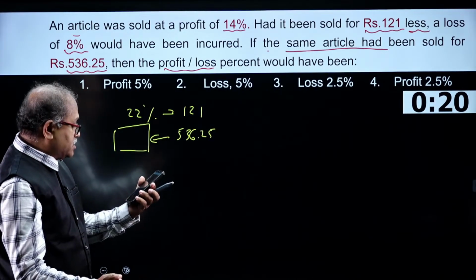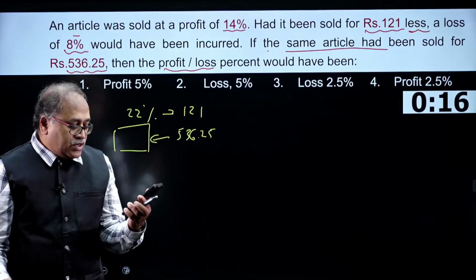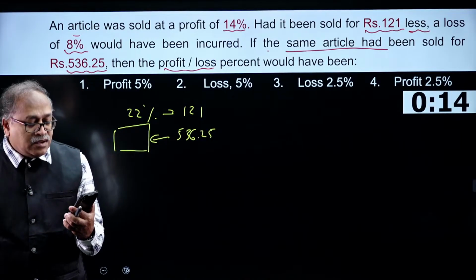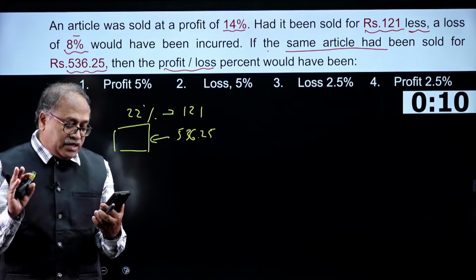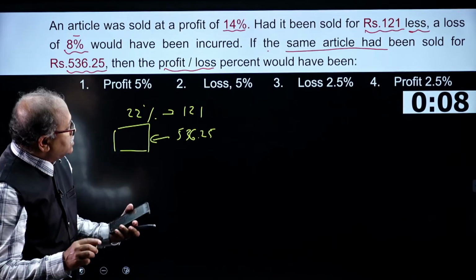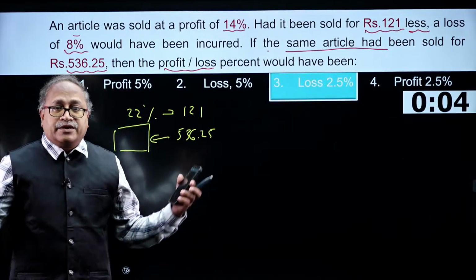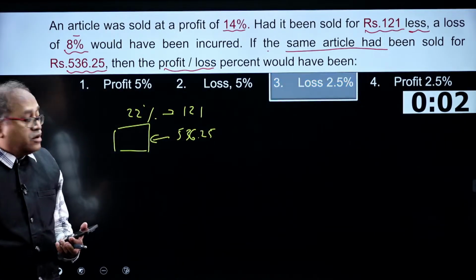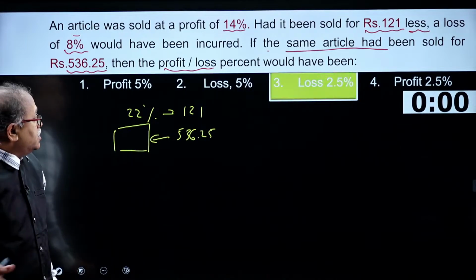Appal Naidu has said that 2.5% loss. Shall I check your answer? Option C. So, you all people have solved it. Option C is correct. Your calculation is absolutely right, my dear friends.